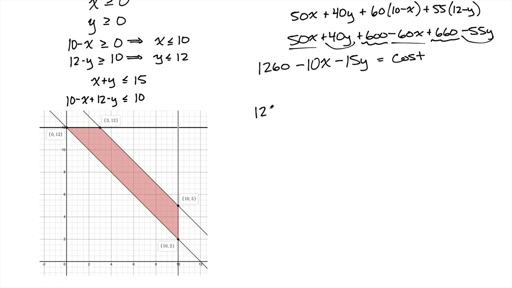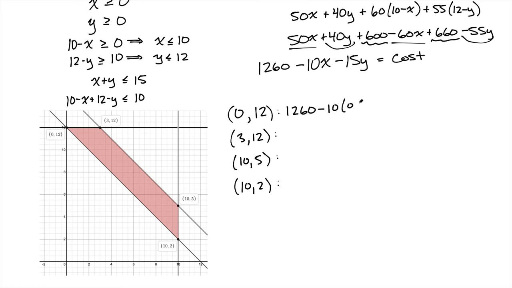So we have the point (0, 12) that we're going to plug in, and (3, 12), (10, 5), and (10, 2). And I'm going to assume that you're good just plugging numbers in and seeing what you get. So I'm going to go ahead and speed this up.